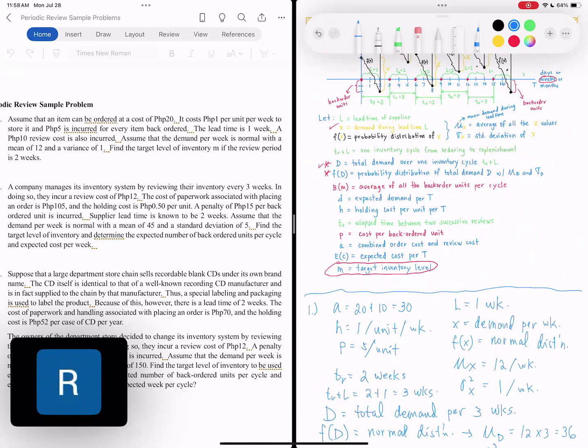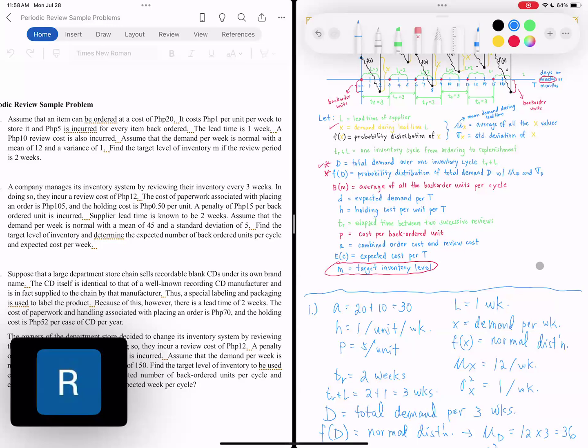Therefore, H has to be the holding cost per unit per T, P should be the cost per backorder unit, and TR should be the elapsed time between successive reviews.